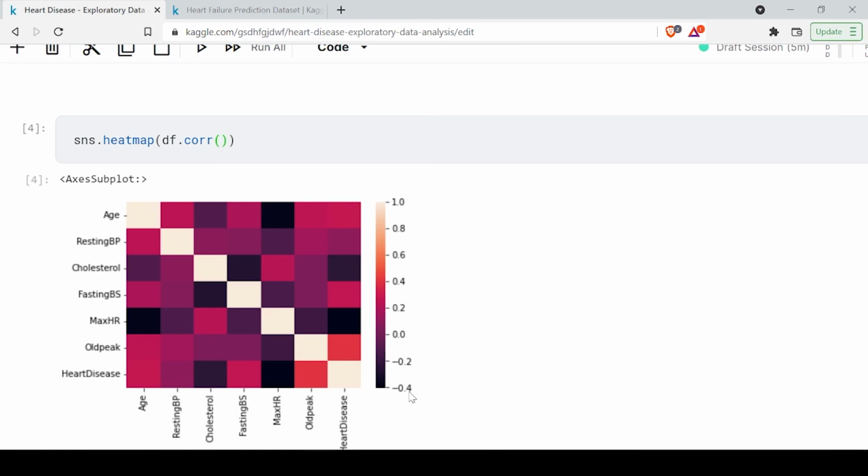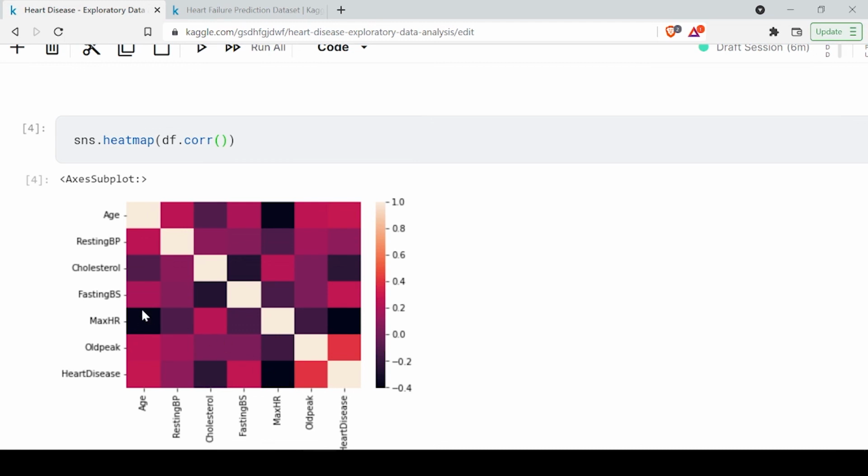Okay, so from here what we can analyze, if we want to know about this particular correlation, no column has such correlation. If I want to know about negative 0.4 correlation, we have it between max HR and heart disease, meaning a negative correlation. If one increases, the other decreases, but we do have a correlation.